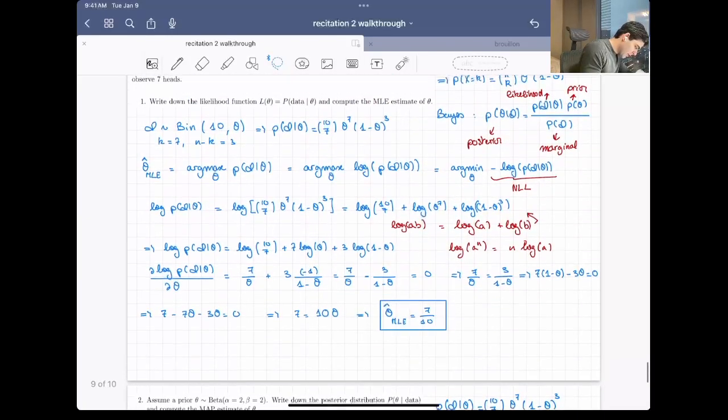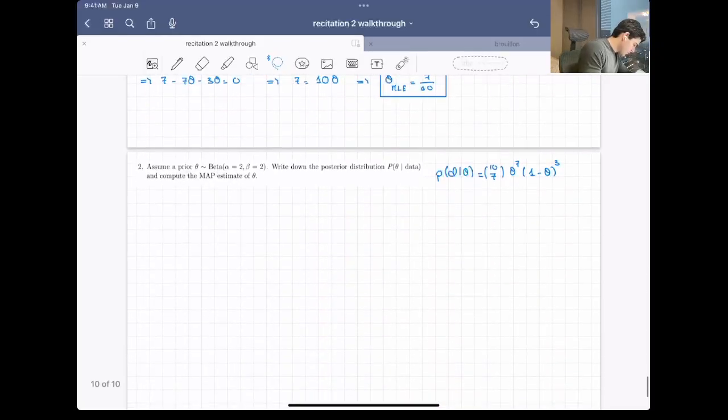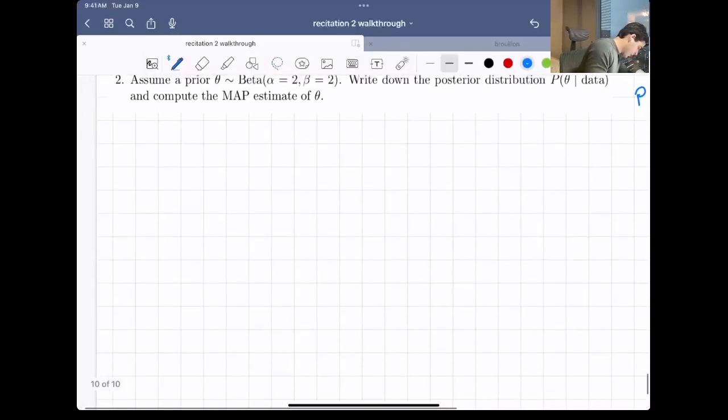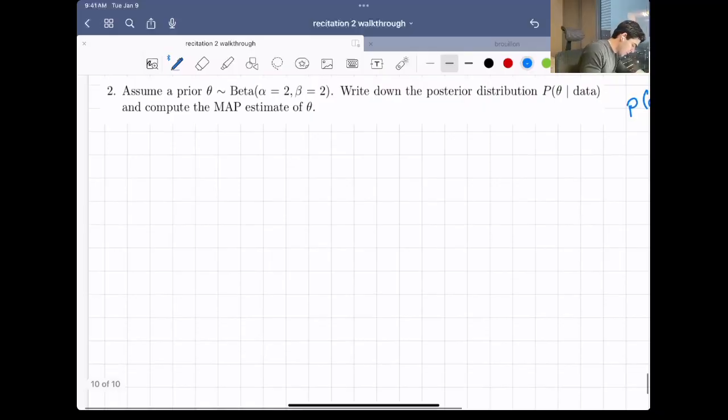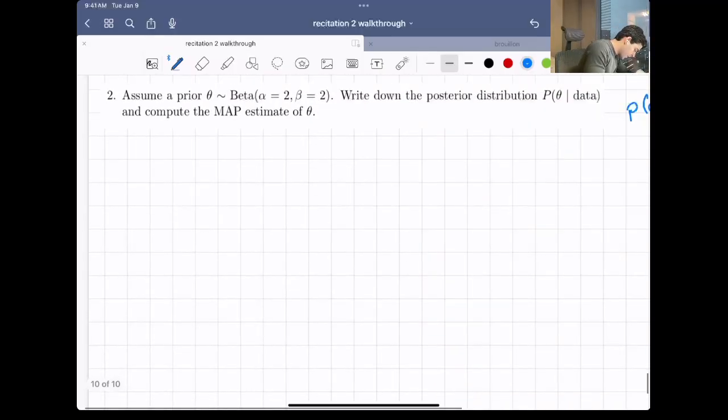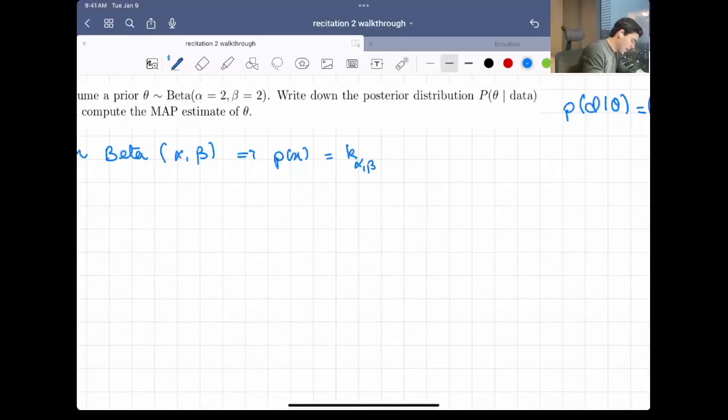And then what do we need? Bayes rule. Okay, so let's first define a beta distribution, its PDF and its formula. If X, let's say a random variable, follows a beta distribution with parameters alpha and beta, then P of X is equal to K, a normalizing constant to make sure the PDF integrates to 1, otherwise we won't have a valid probability distribution, right?